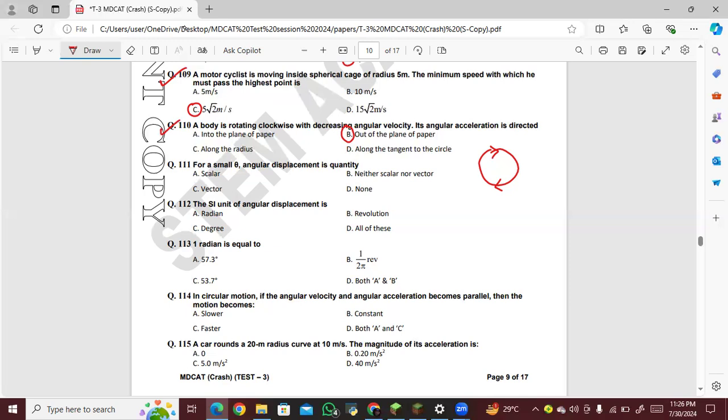111. Question number 111. For a small theta, angular displacement is a vector quantity, because for small values, angular displacement obeys the commutative law of addition. Theta x plus y equals theta y plus x.